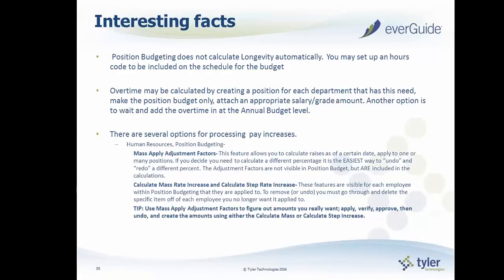The difference is once you run in position budgeting the calculate mass rate and step, either one of those, if you want to undo it, you have to go to each employee's position in position budgeting in the department list and remove them. So bells and whistles. There are easy ways to do it, and there are other ways to do it. So read up on this after the webinar.